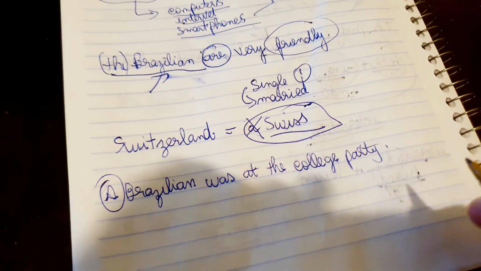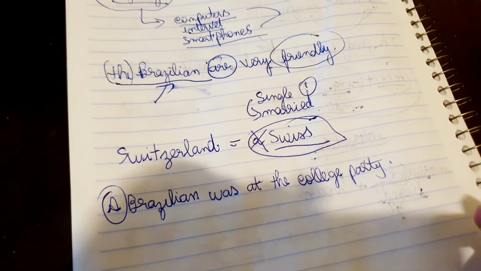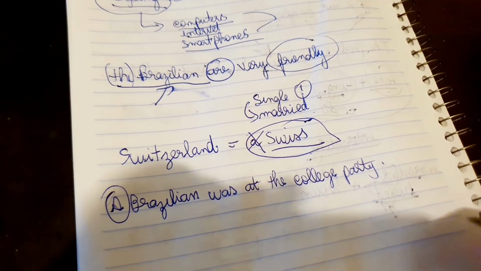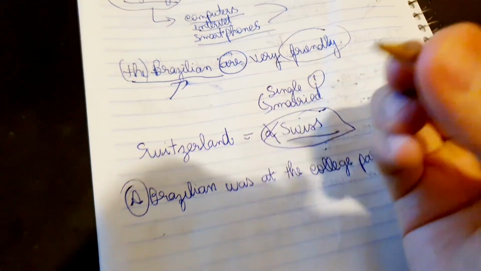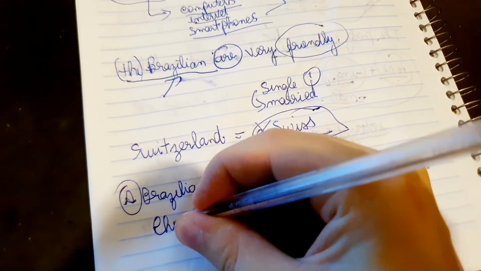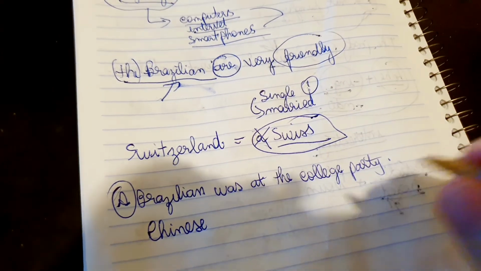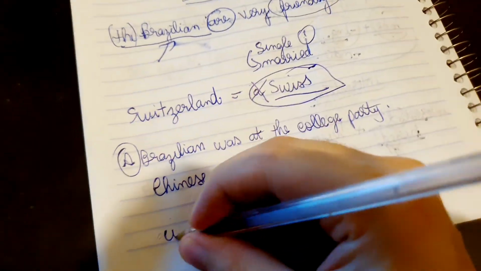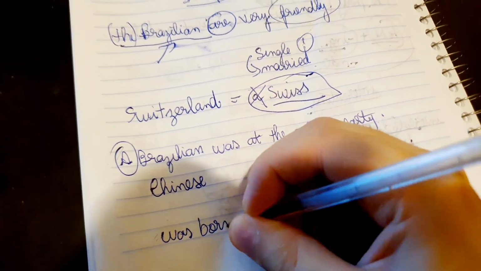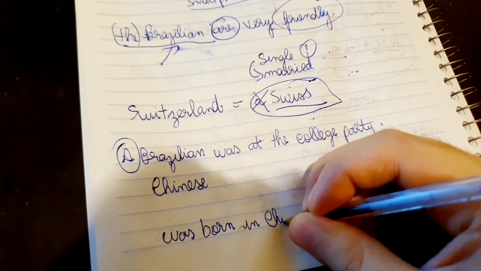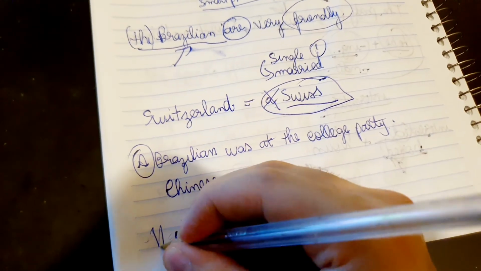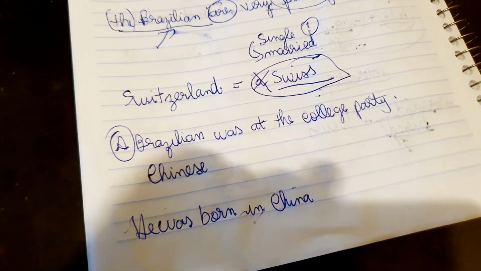Other words which are spelled differently, for example, a person who was born in China. Pay attention to this, was born in China. A person he was born in China.